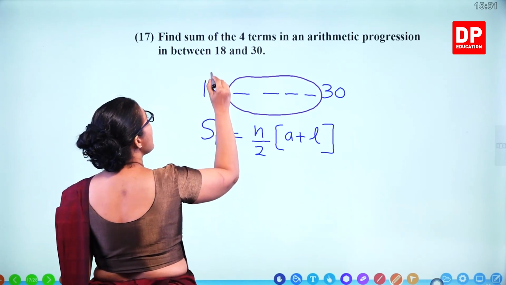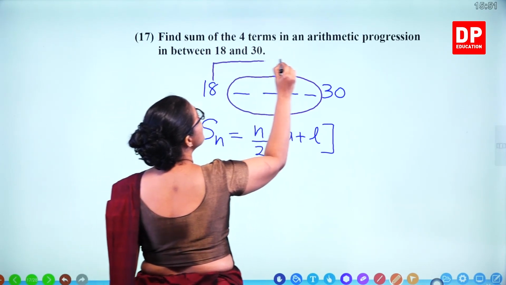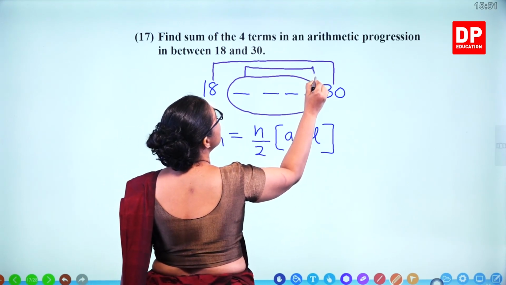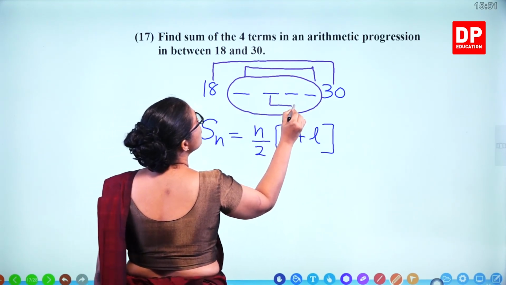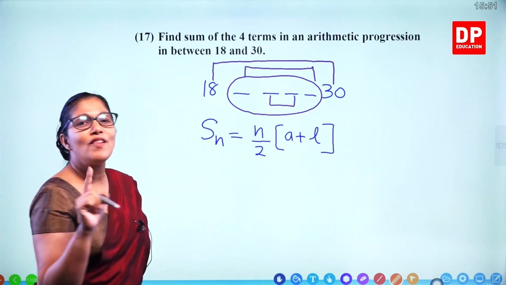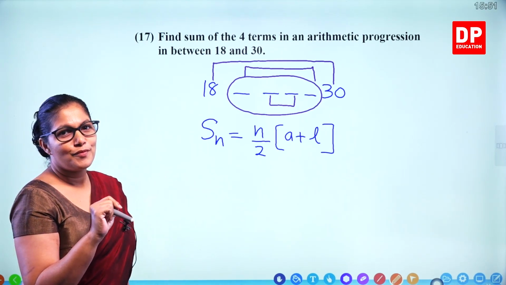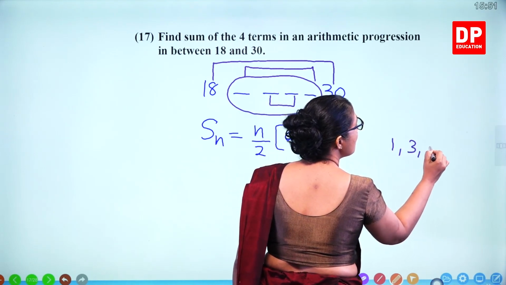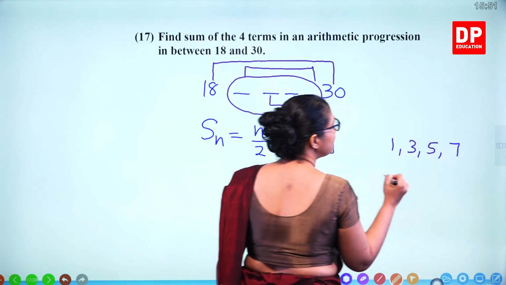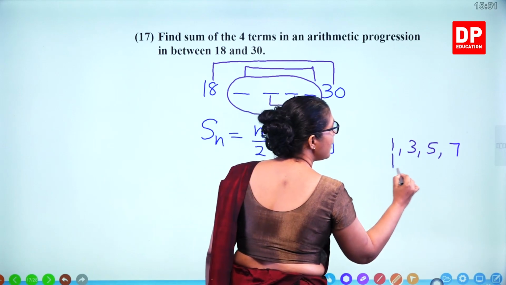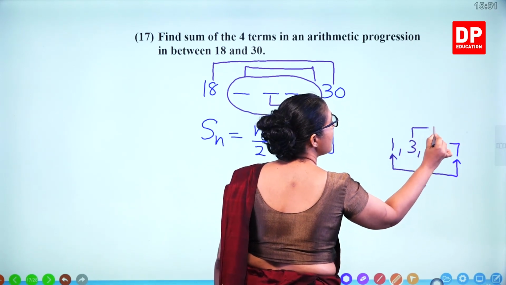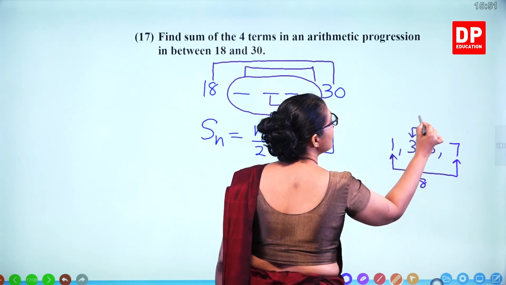When you take any two, first with the last, or second with this one, or these two, the sum is always equal. So you can observe. We'll take 1, 3, 5, 7. 1 and 7, you get 8. 3 and 5, you get 8.